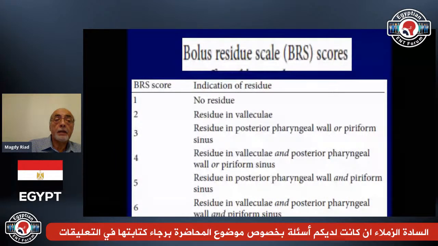And again, number one is that there is no residue. Within a second, the whole of the dyed bolus should clear from the hypopharynx. And the worst scenario is when you have residue in 3 areas, in vallecula and the posterior pharyngeal wall and the piriform fossa. But if you have only a little bit in the vallecula, that's a smile.